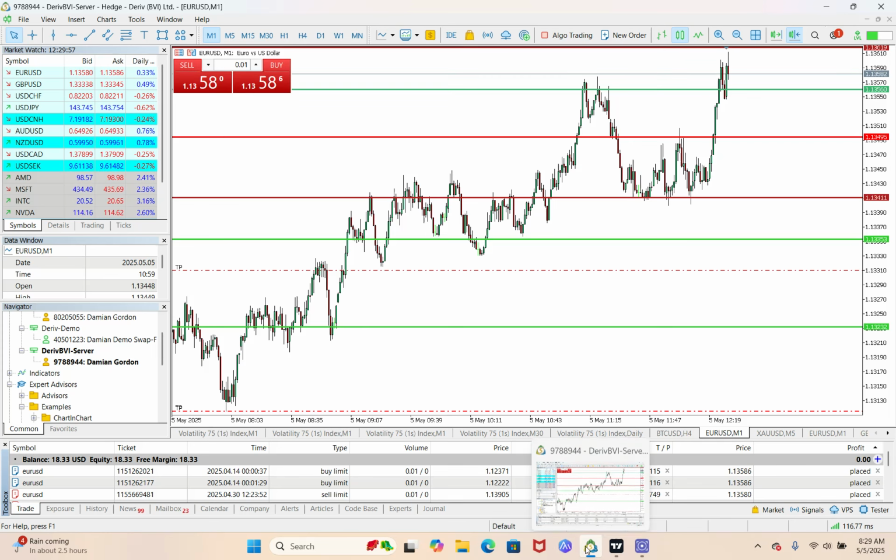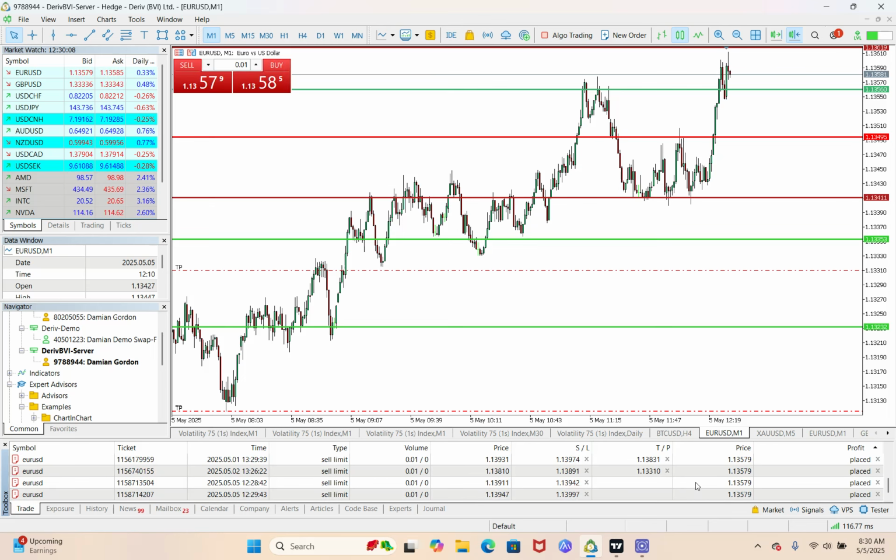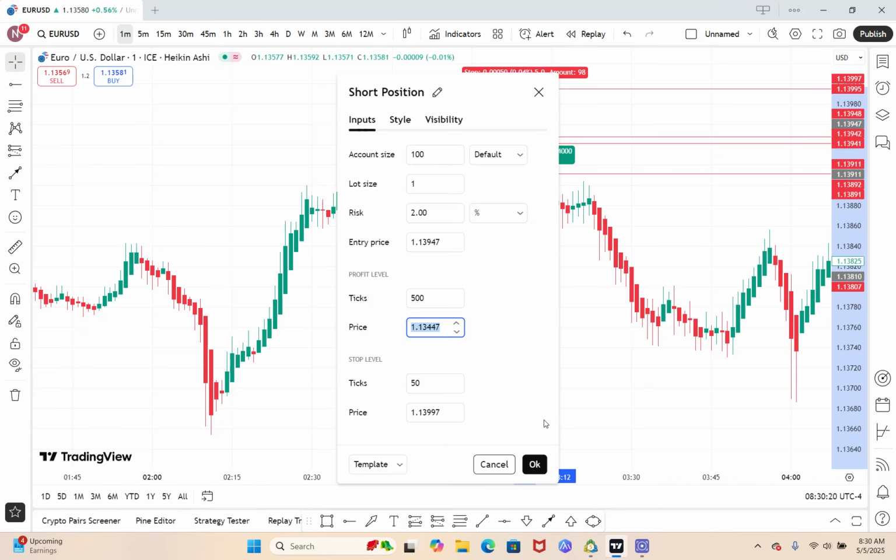So go back to TradingView again. Profit. Copy. This is the order right here. It should be this one. 13,997. 13,947.